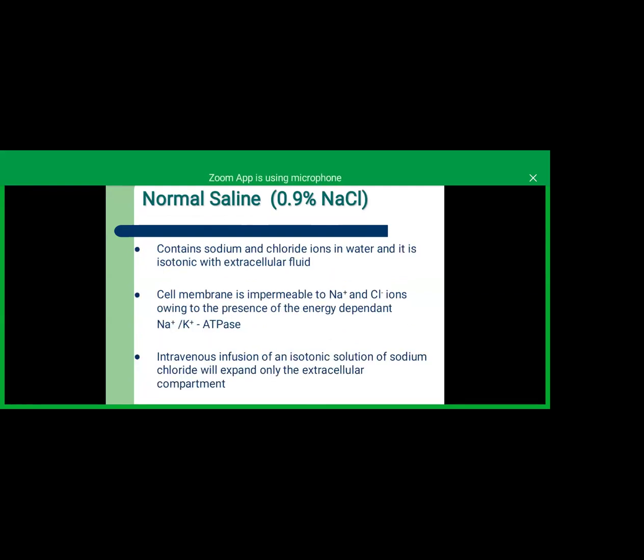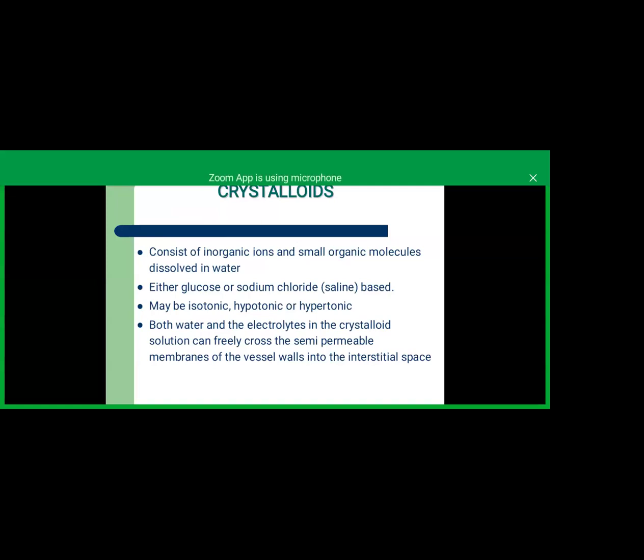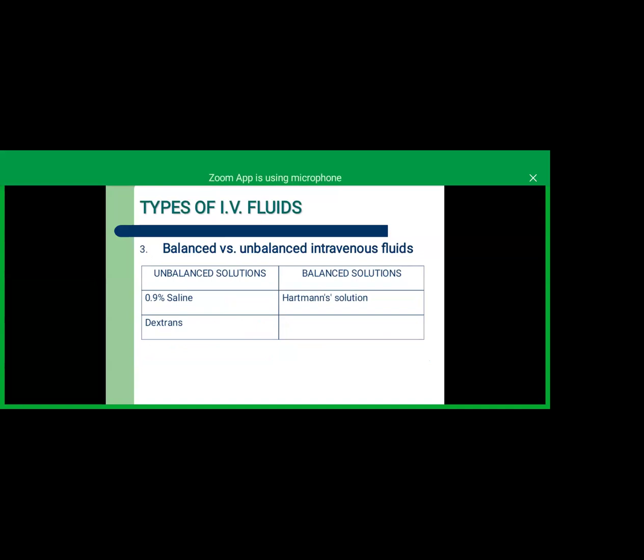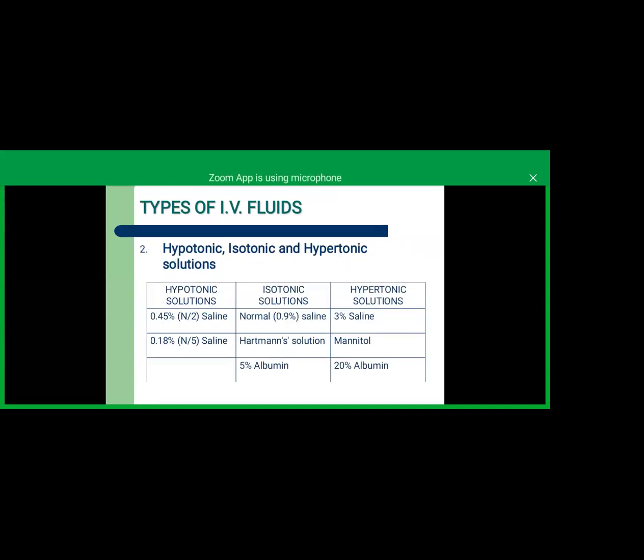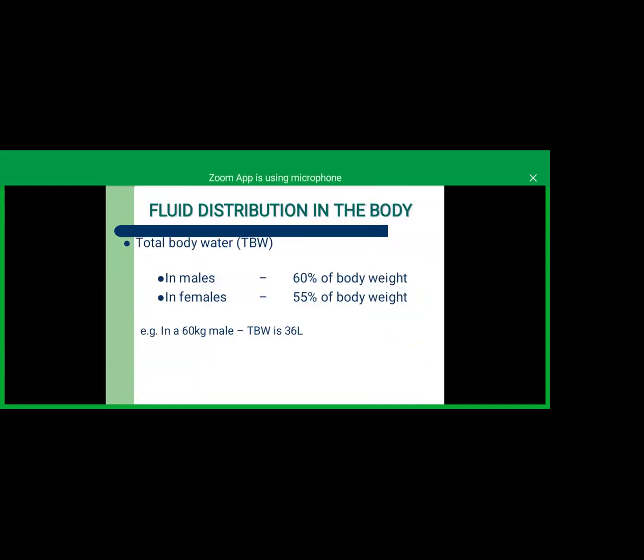We'll calculate the amount of fluid to give using the patient's weight, the daily requirement, and how we're going to spread it. So that is it for this class now.